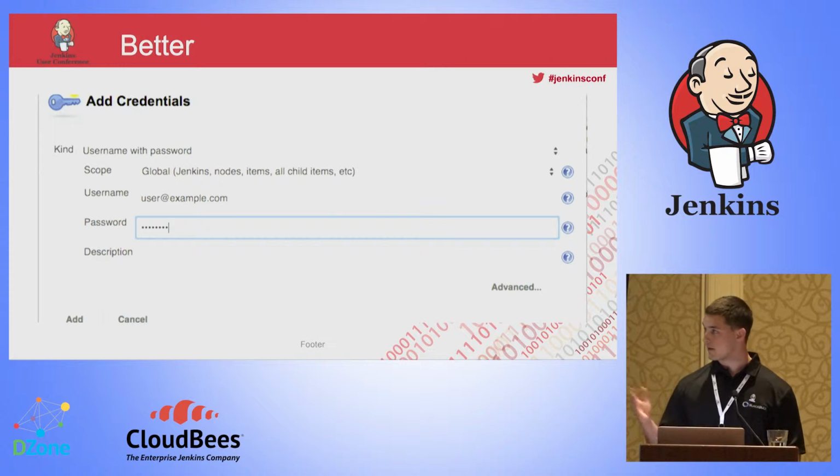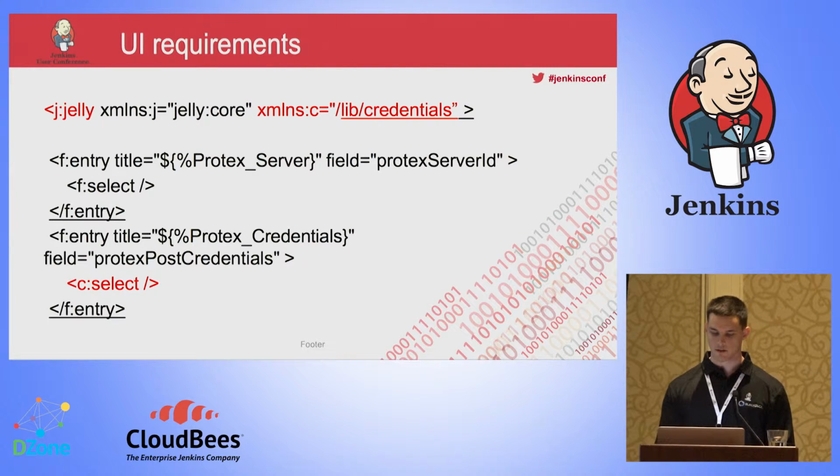And then adding credentials is as easy as clicking that add button and entering it in, giving it a nice description, say it's for this specific server, and it's ready to use. To make that drop-down list for the credentials available, all you have to do is add the code in red.